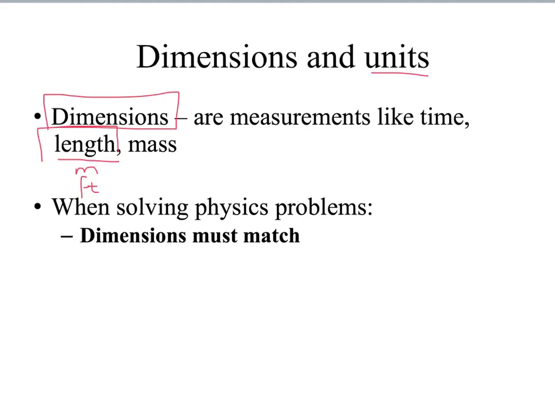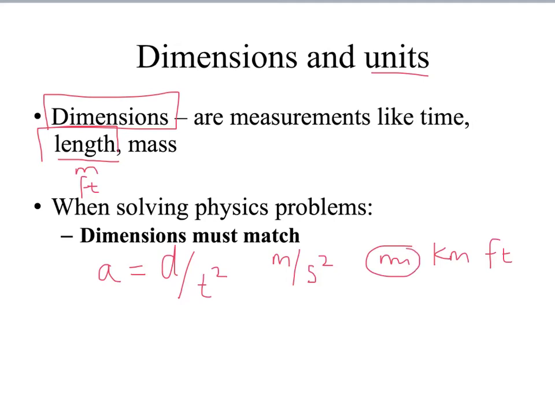Okay, so if you're solving for acceleration, which the equation for acceleration is equal to distance divided by time squared, okay, you need to make sure that in our units, we're using the international system, so if our distance in this case should be meters per second squared is the units we want to get, we need to make sure that we're using meters and not kilometers, not feet, nothing else, just meters.